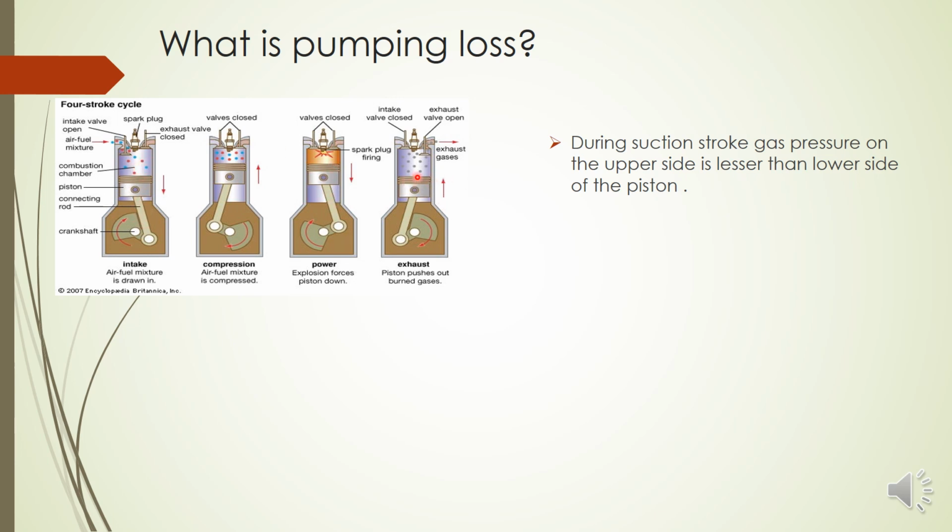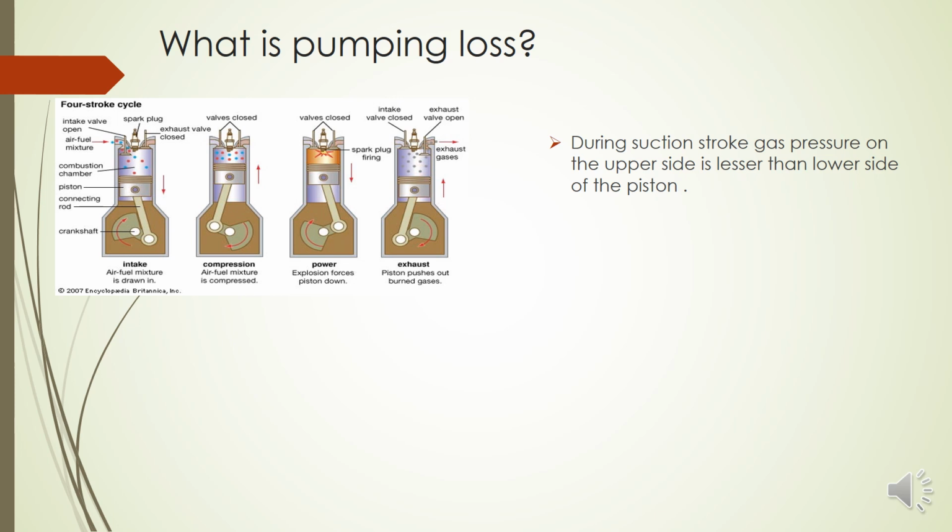Similarly, during the exhaust stroke, what is the pressure above the piston? It will be greater than atmospheric pressure, and the pressure below is almost atmospheric pressure. And here the piston has to move upward. So here also the piston is moving from a low pressure region to a high pressure region.